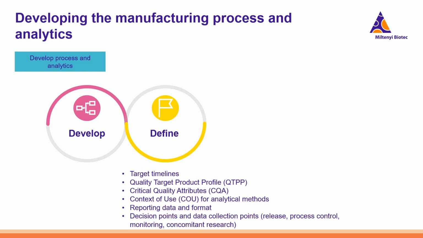They will need to define the context of use for their analytical methods, as well as choose the data that they want to report as part of analytics and formats that they want to report it in.